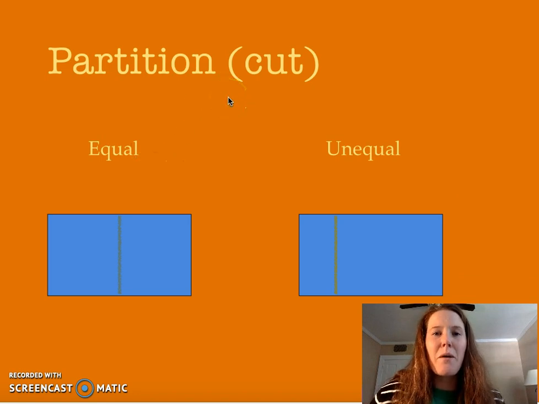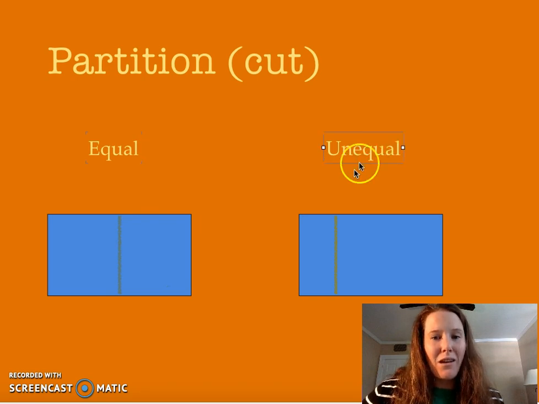Next, we're going to talk about partitioning a shape, which also means like cutting or dividing. And when we partition a shape, we want to make sure we do it equally. Equally means that both sides have the same amount. So if we look at my 2 examples, this is an equal partition because this side is the same as this side.